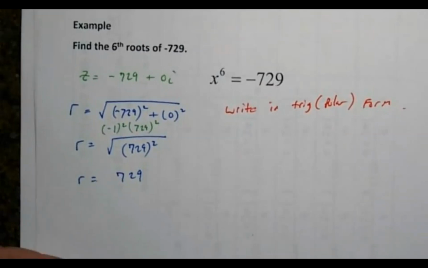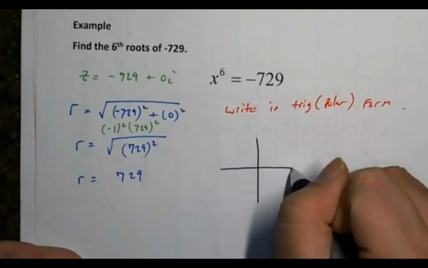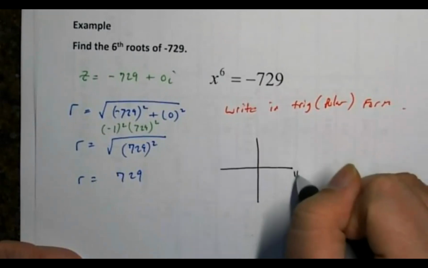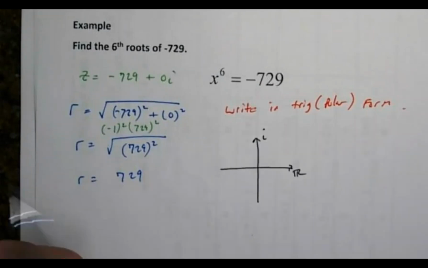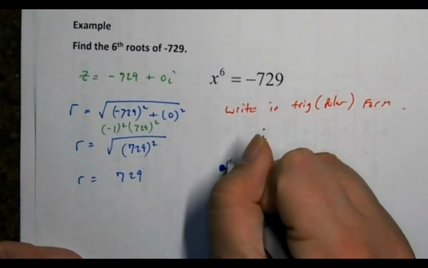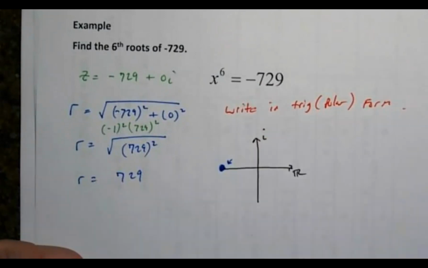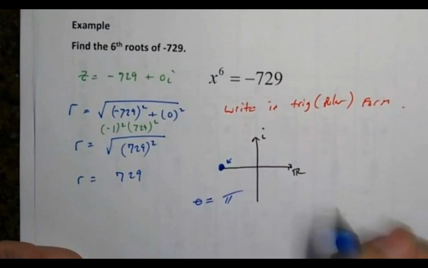Okay. Now, where is the angle? What's the direction? Well, that's pretty simple. If I were to plot this complex number on an Argand diagram, negative 729 would be way out here on the real number axis. That is pi.